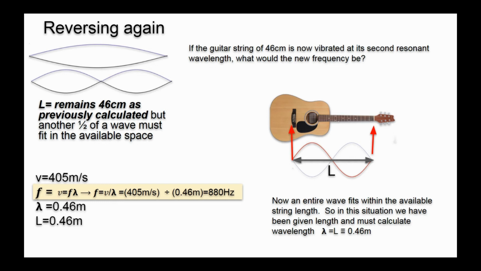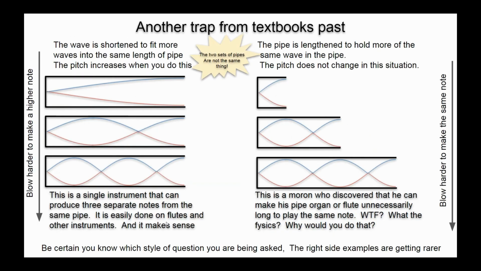They're both 46 centimeters in this mode. Pop it into the universal wave equation, and we get 880 hertz. Now, the prior vibration was at 440 or 380, something like that. There's always a little bit of drift in these formulas. And this has just about doubled it.